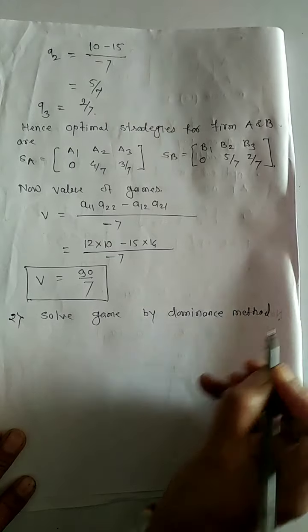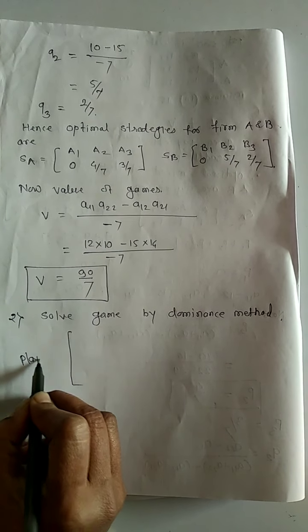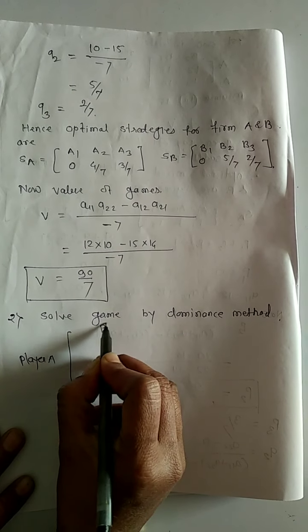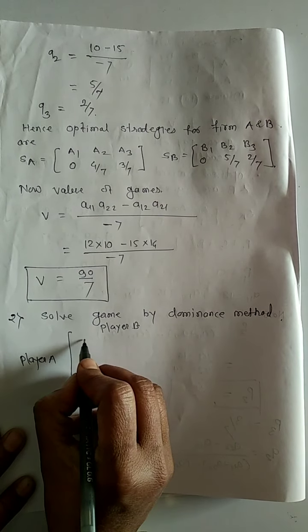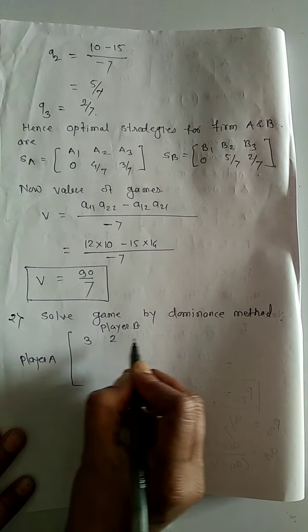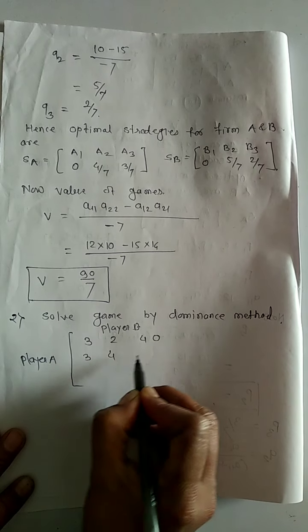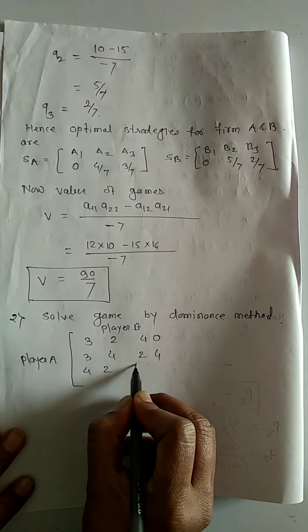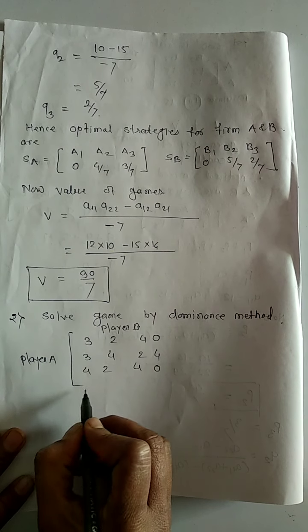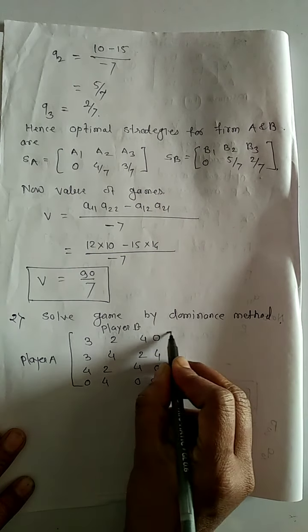The given payoff matrix is player A, player B, that is a 4 by 4 matrix. First row is 3 2 4 0, second is 3 4 2 4, third is 4 2 4 0, and fourth is 0 4 0 8.